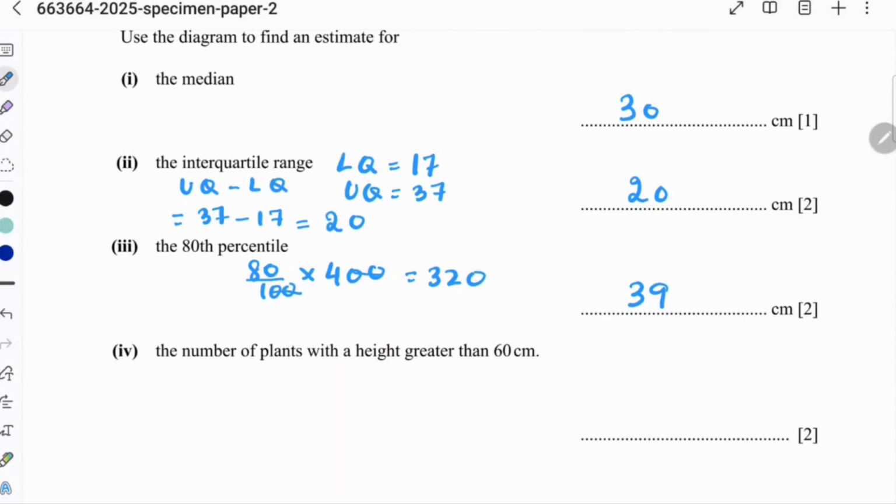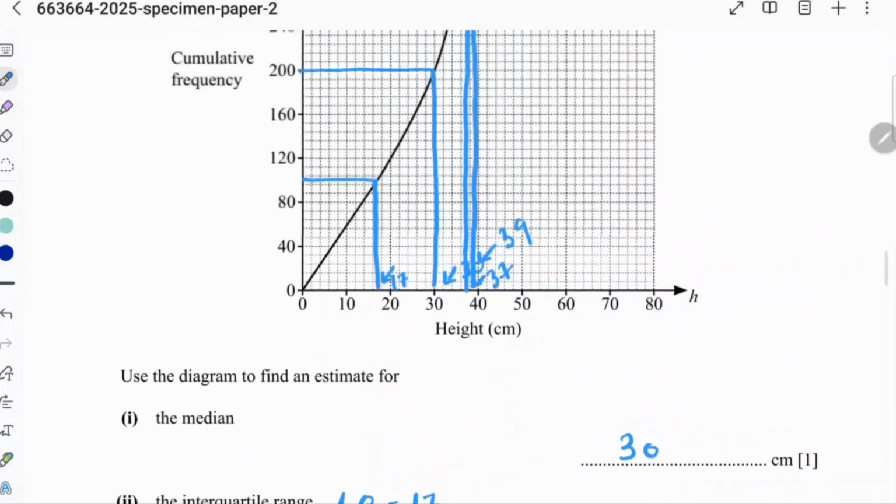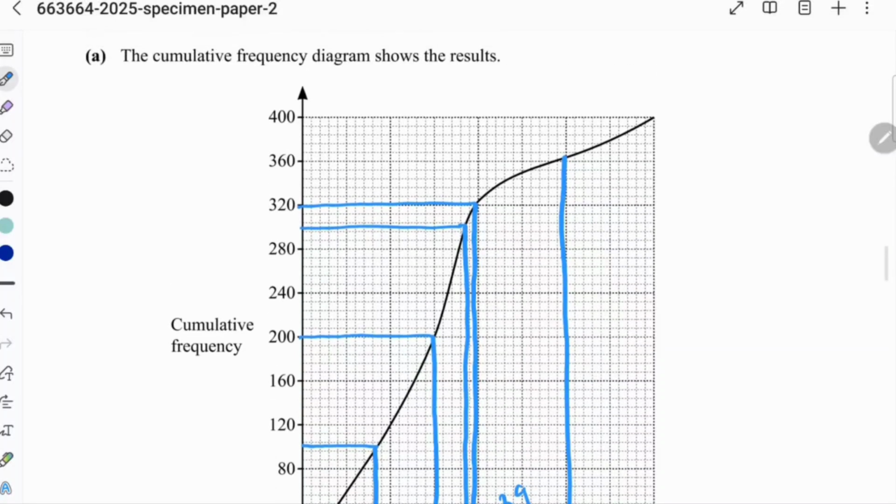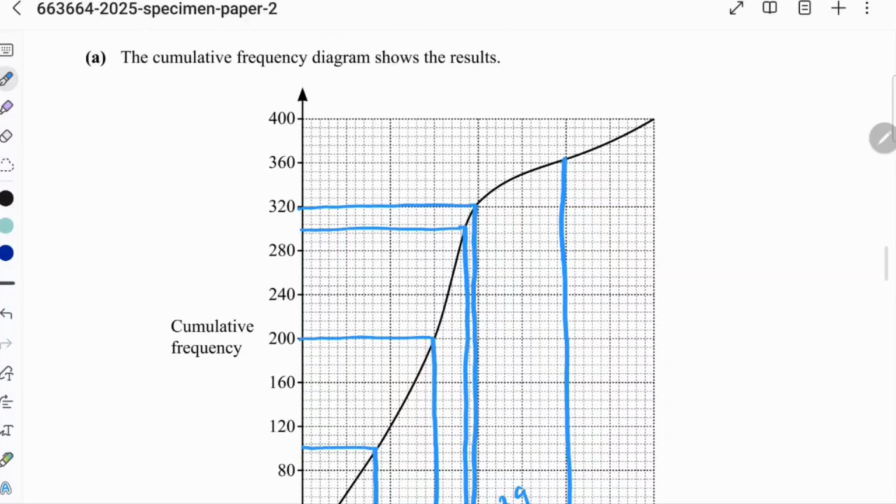Now in the next question, the number of plants with height greater than 60 centimeters. We'll have to look at where this 60 centimeter line is. Now at 60 centimeters, we just look at where it reaches on the cumulative frequency.